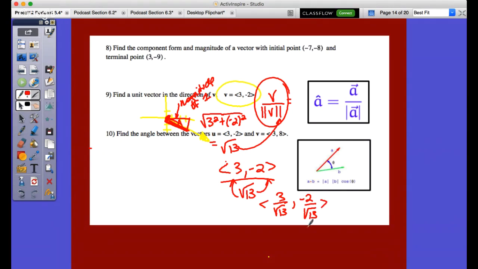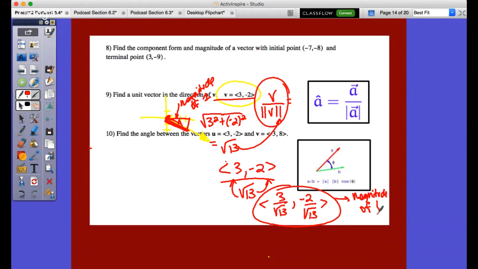And if I was to kind of rewrite this, I would rationalize it to be where it would be 3 square root of 13 over 13 and -2 square root of 13 over 13 as well, okay? And again, we call that a unit vector, which means that this vector has the same direction as 3, -2, but instead, if I did the Pythagorean theorem here, we would have a magnitude of 1, okay?